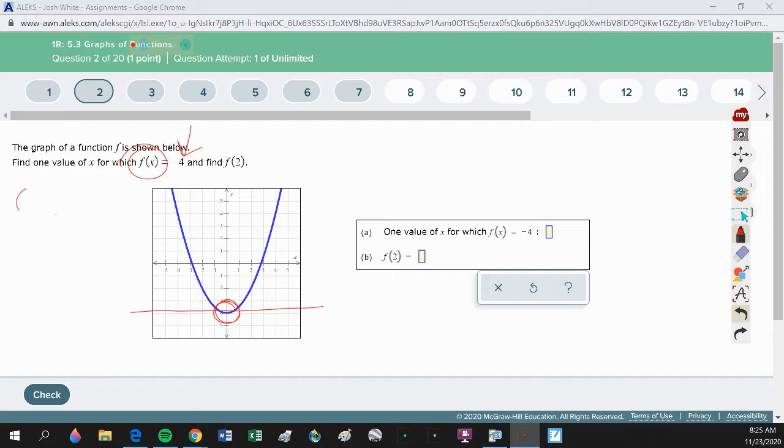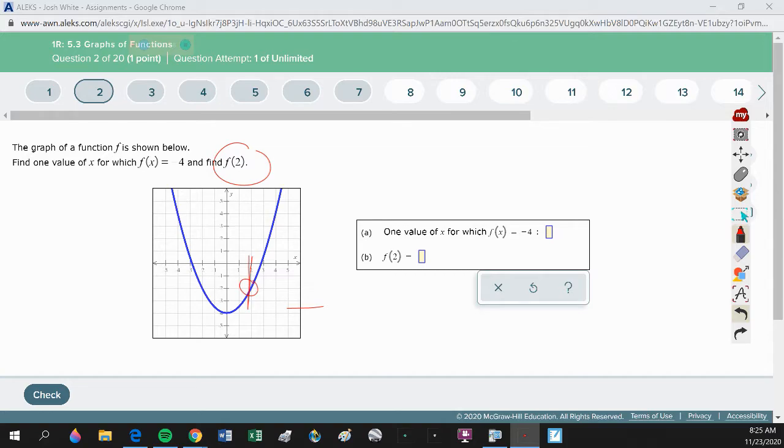So it's asking -4 and then what? 0. Do you guys understand that? Okay, and then this one is saying when x equals 2, what does y equal? So that would be right here. The y value is -2.